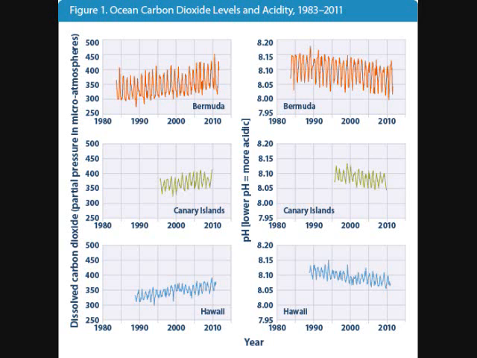As the pH level goes down, that means the water is becoming more acidic on the right side. So the trend is going down, meaning the ocean water is becoming more acidic. And on the left column, the trends are going up, which means that there's more carbon dioxide in the ocean water. And then there's all kinds of problems with acidic water and the animal life.